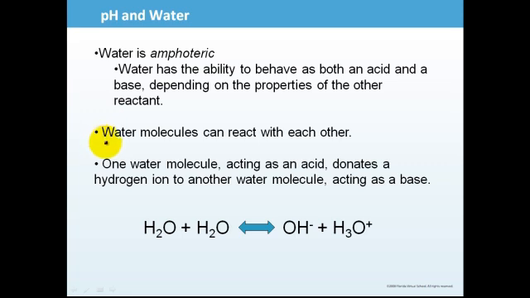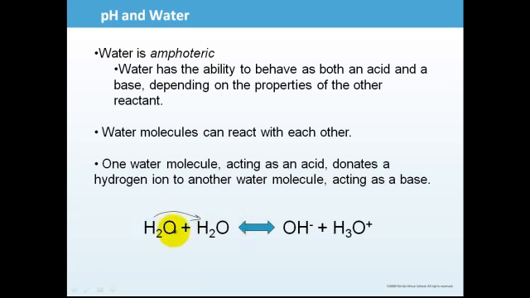Alright, so on the bottom here you see that we have a reaction where we have one water molecule reacting with another water molecule. Okay, and this is basically a double replacement reaction. So what happens is one of the waters will give up one of its hydrogen ions, and the other water will accept that hydrogen ion.